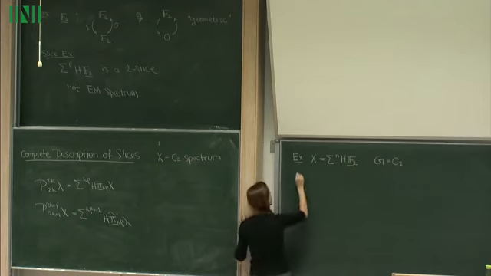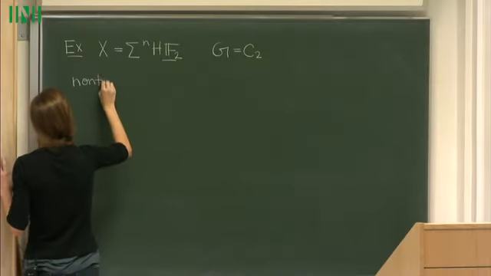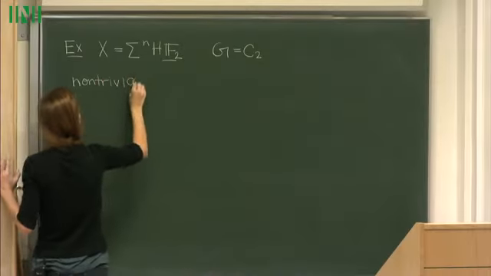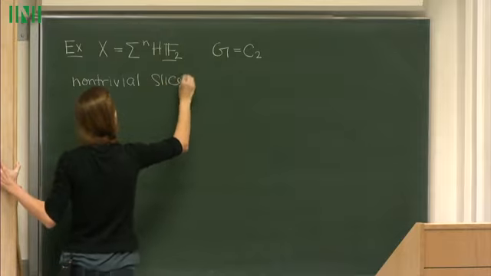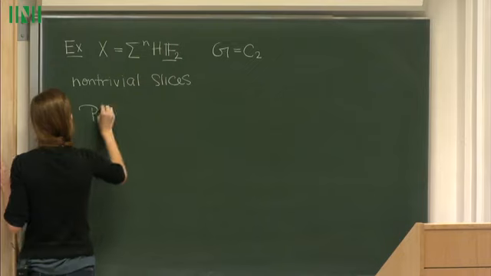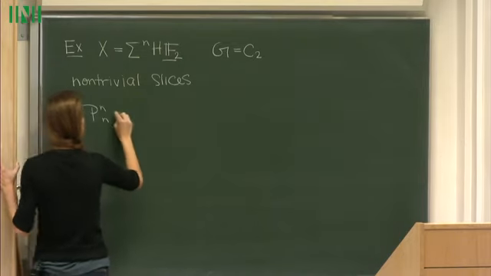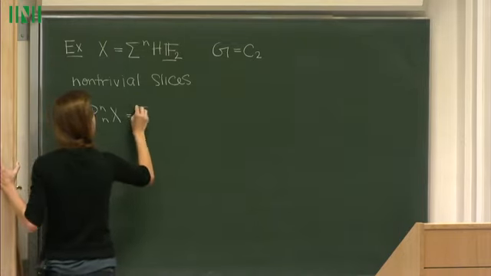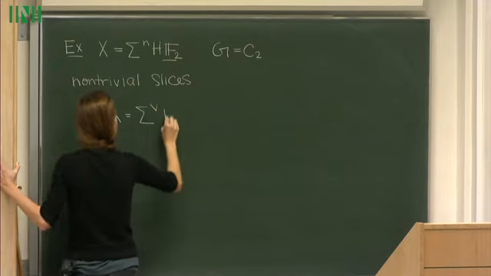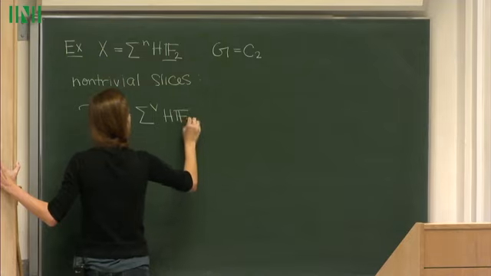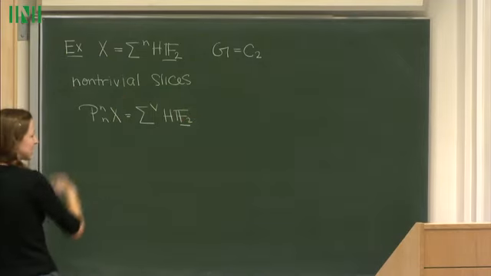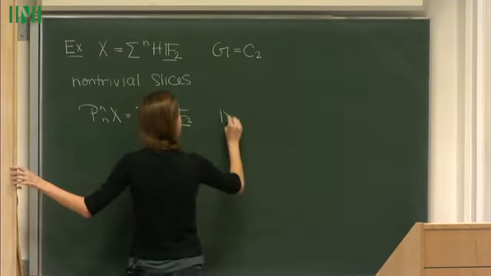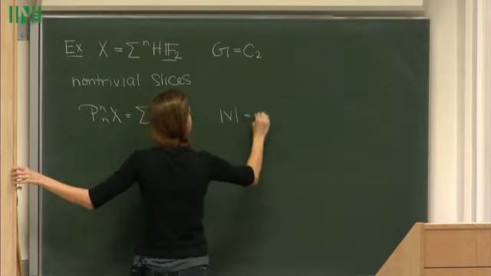So the non-trivial slices here happen only in dimension n. And in fact, this n-dimensional slice is just a shift of HF2 where the dimension is n.